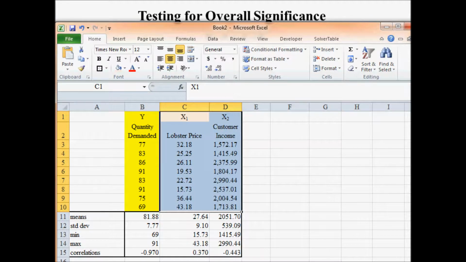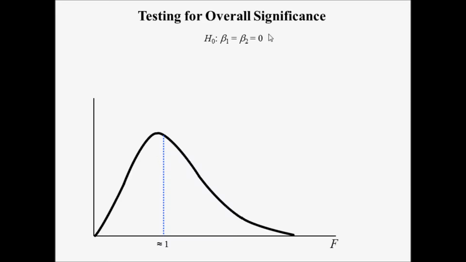So when you're testing for overall model significance, the null hypothesis becomes beta 1 equal to beta 2 equal to 0. Now notice that beta 0 is not included in this test. Beta 0 is not included because if this null hypothesis is true, then beta 1 and beta 2 are both 0, which would mean that beta 0 is actually the mean of y.